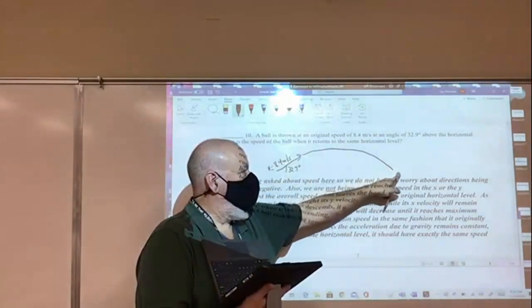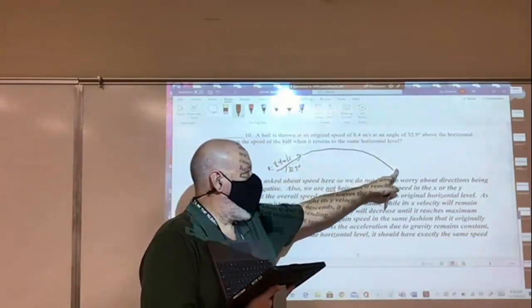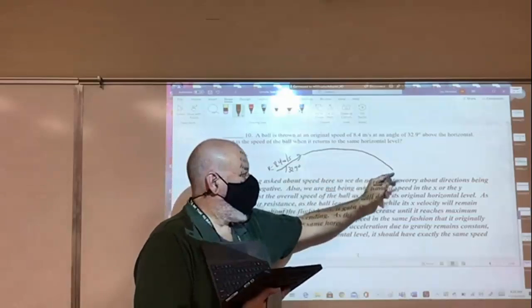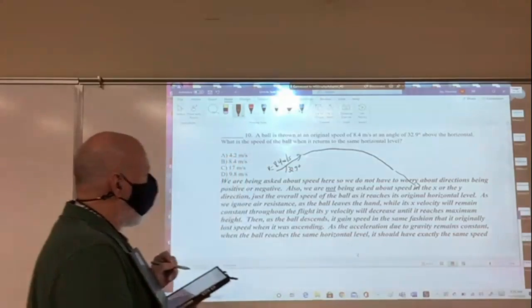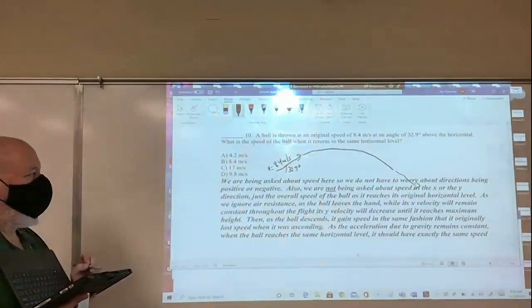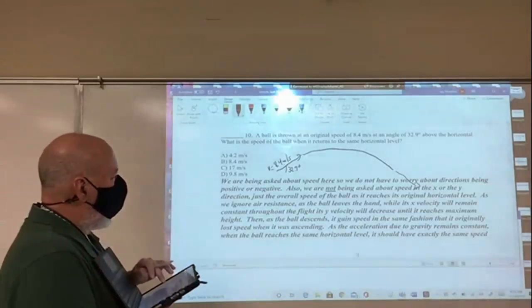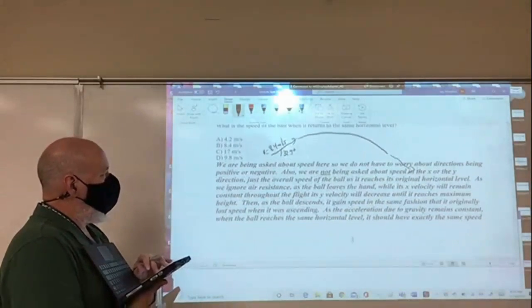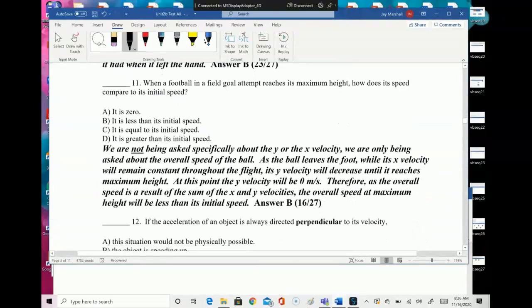Because it would be 8.4 in the opposite direction, okay? So 8.4 meters per second. We might actually get through all of this.